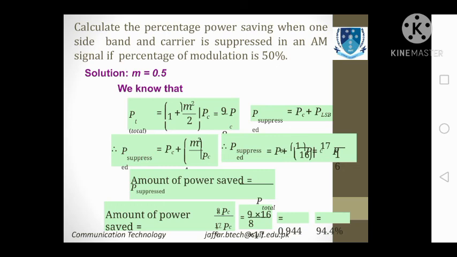So the amount of power that will be saved is 94.4%, which is a huge amount. You know that you cannot rely on such devices which waste 90% or 95% of your power. So that will be saved when you suppress one sideband and the carrier.